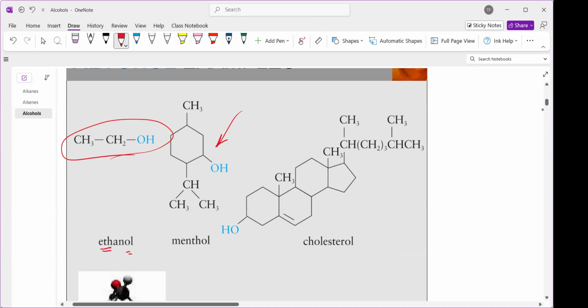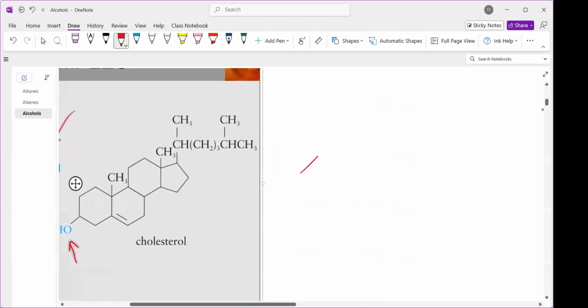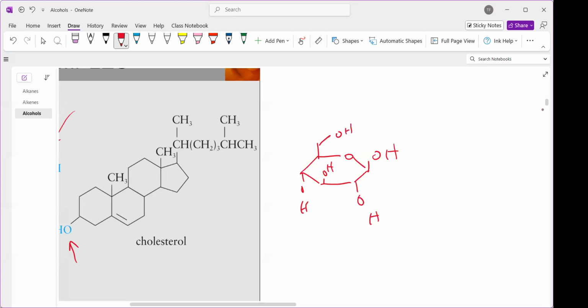Cholesterol. Everyone's heard of cholesterol. Also an alcohol. So if it has an OH group on it, there's a chance that it's called an alcohol. Now, if we look at glucose, a lot of people will call that a polyol.